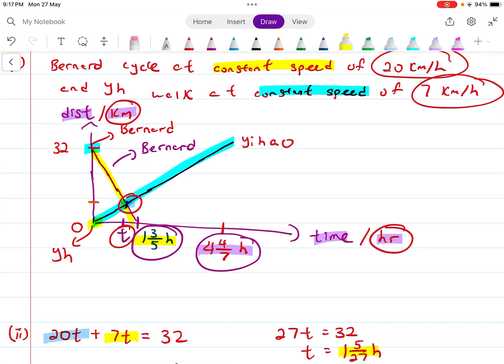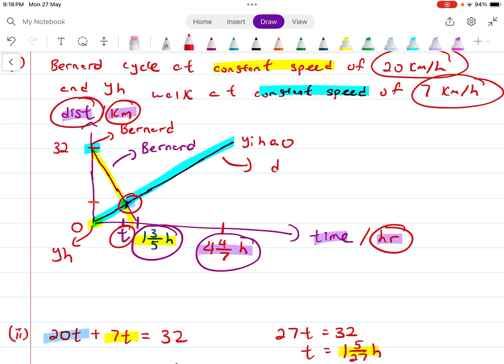Another way is to use the graph. I can express this graph in terms of some formula or equation. You look at the Yi Hao graph, it's like y equals mx plus c. So you can express this in terms of distance, let me put d.